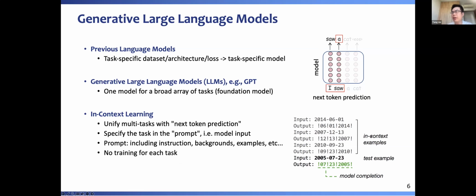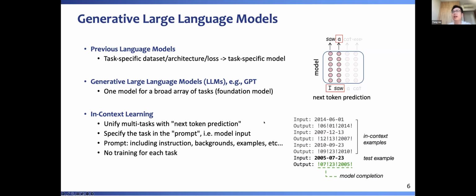But now with in-context learning, we feed the model with these in-context examples and also this test example, and ask the model to make the completion. The model will learn the pattern from these in-context examples and apply it to the new test example. That's the difference between in-context learning and the previous learning framework.